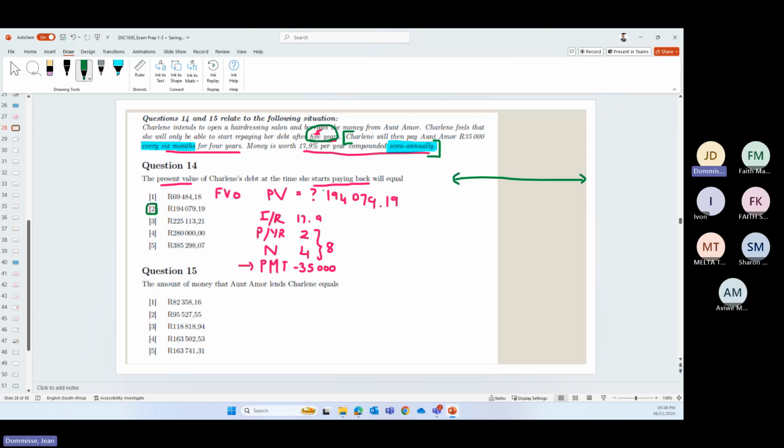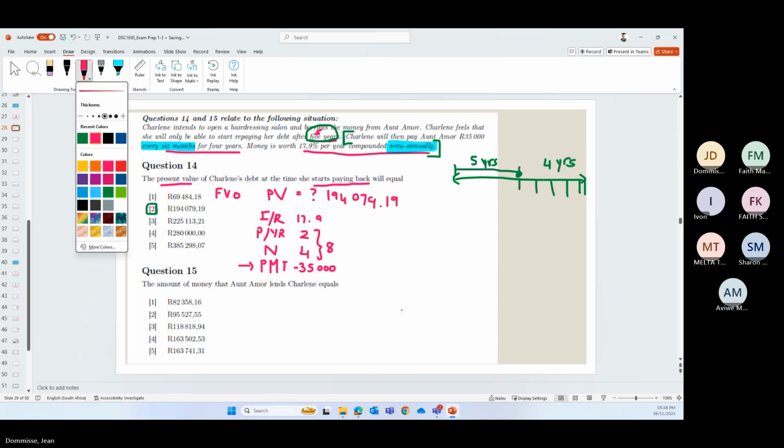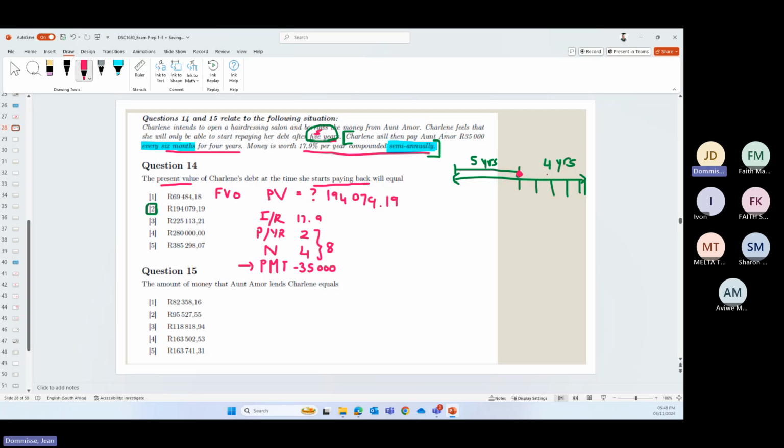What happened is she got the money, and that was for 5 years. Then she started paying back the money, and that was for the 4 years. And what we worked out was the present value at this stage before she started paying it off.